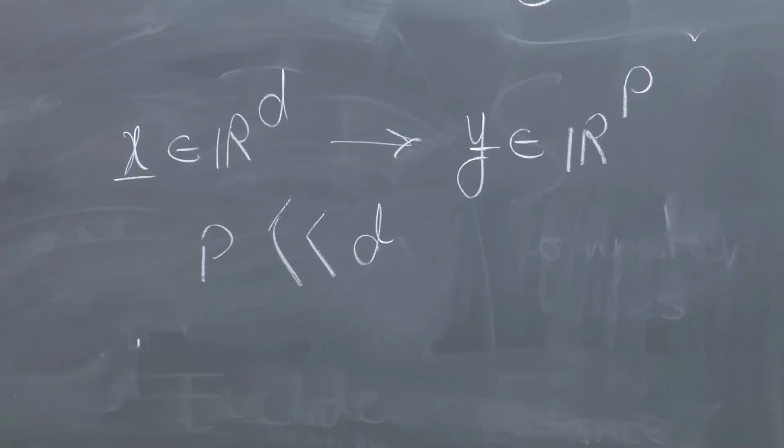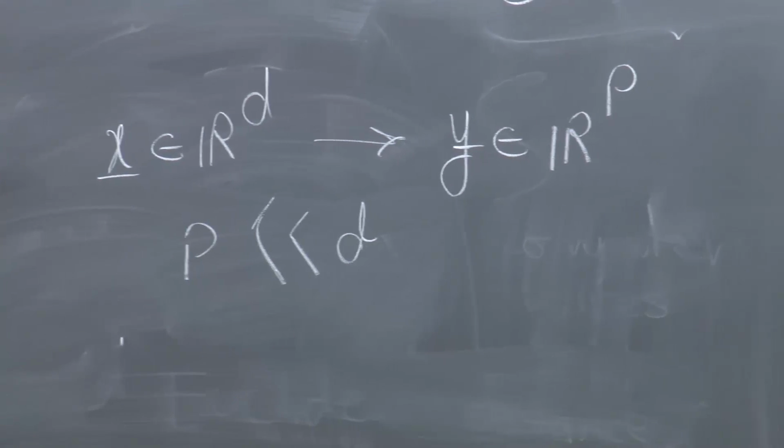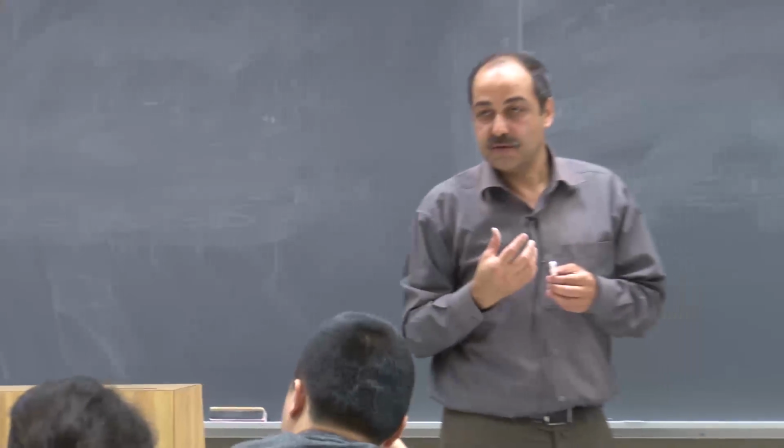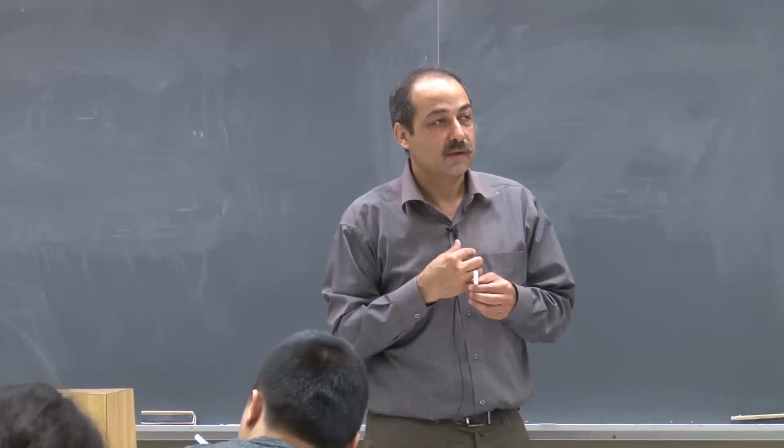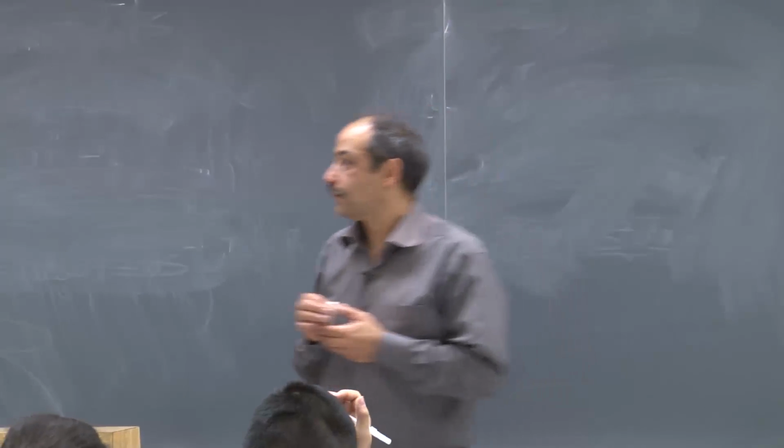But you can do this in a way that you don't lose much information. So I would like to reduce the dimensionality of the data such that we don't lose much information. Okay?